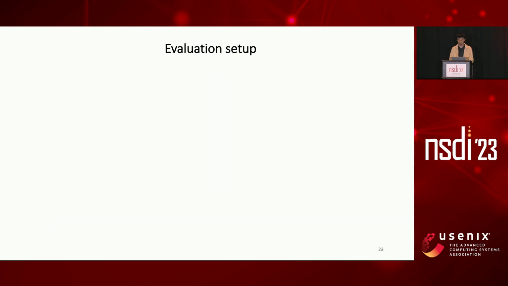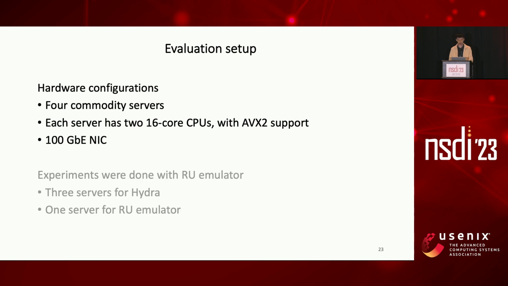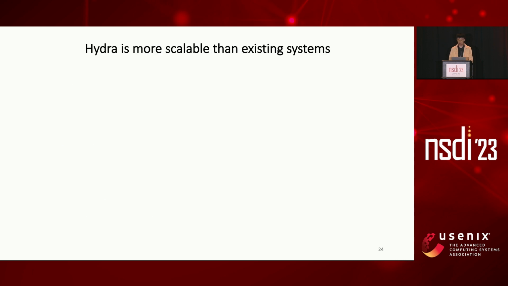Let me introduce our evaluation setup. We have 4 commodity servers, and each server has two 16-core CPUs with AVX2 support. Each server also has a 100 GbE NIC. We use 3 servers for Hydra and 1 server to run the RU emulator. Our experiments show that Hydra is more scalable than existing systems.